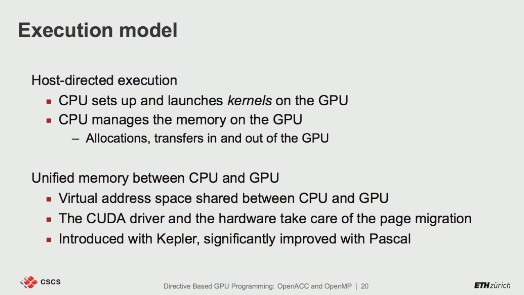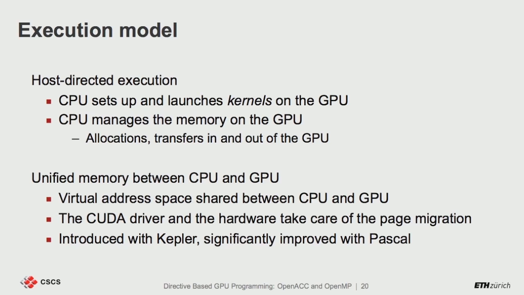That was a very nice feature because you don't have to care about where your pointer is, whether it is on the GPU or on the CPU. If it's on the CPU and I access it from the GPU, I don't want to crash. I want to bring it to the GPU automatically, and I don't care. That would be the ideal. In the past, you couldn't do that.